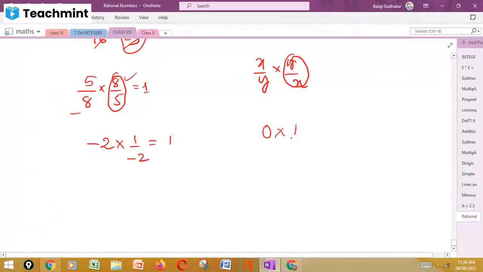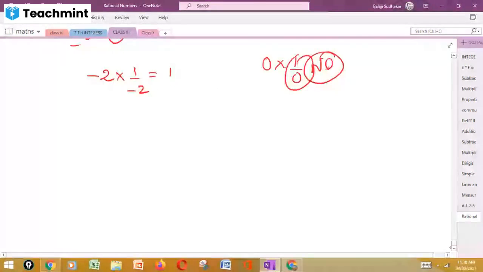Not defined, sir. Zero does not have a multiplicative inverse. Is it right? Yes, sir. Okay, right. Very good.